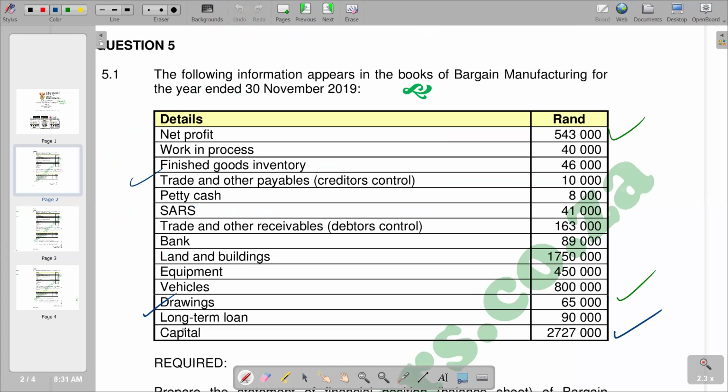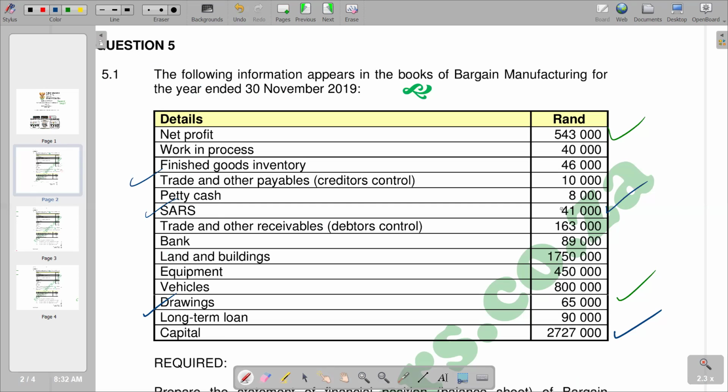We check for other current liabilities. We see that we do not have accruals of expenses, which would be part of our liabilities. Short-term loan, we can look for those. We see that we do not have any, but we have got SARS. When SARS is given like this, it means it's a current liability for 1,000, unless stated otherwise, where it has to fall under current assets.